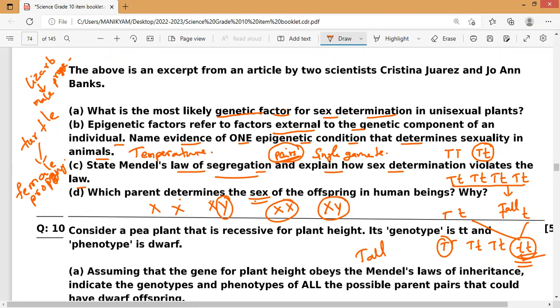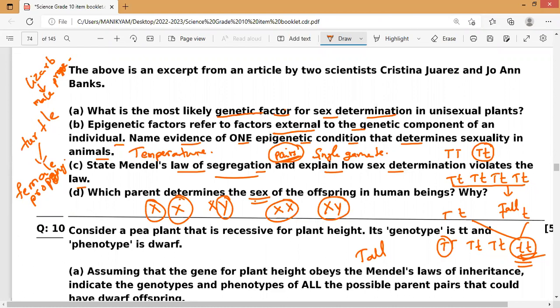So we cannot decide the sex of a human without combining the chromosomes, either XX intersecting or XY intersecting. That is the reason we cannot apply the law of segregation for the sex determination of human beings.